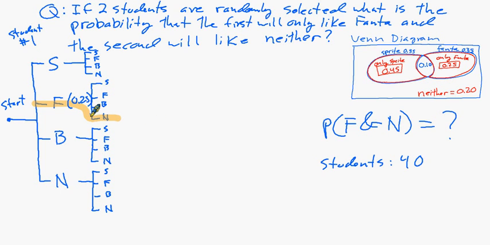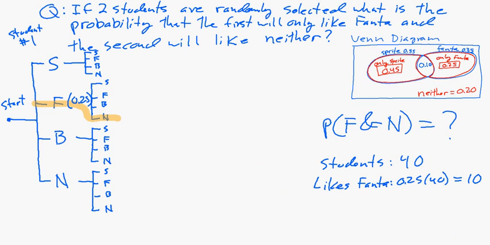But what we also have to do is, because in this path the first student likes Fanta, we're taking one student out of that category. So we have to figure out how many students there are that like Fanta to begin with. Well, here we are. If 25% like Fanta, and there are 40 total, 10 students like Fanta.